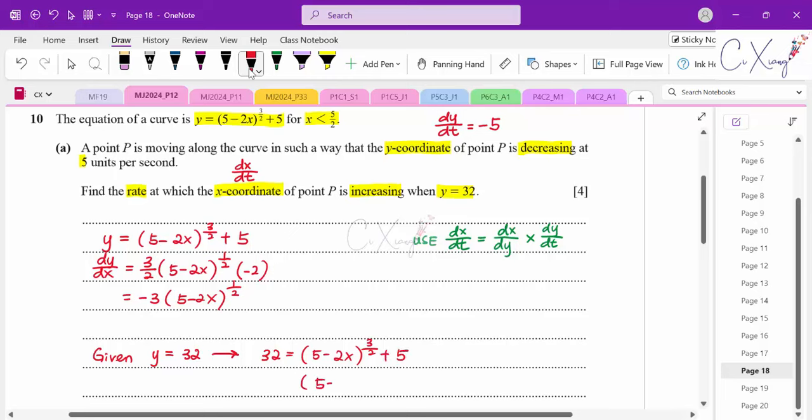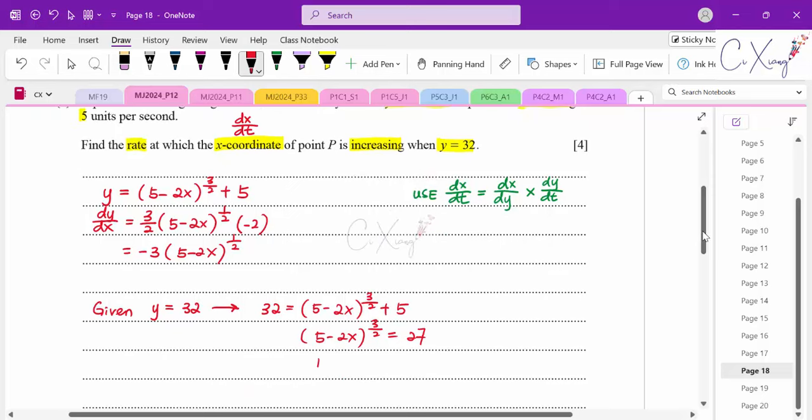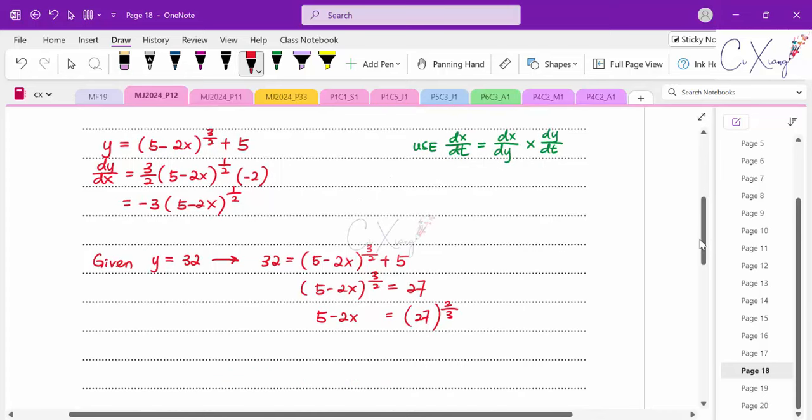So (5 - 2x)^(3/2) equals 27. Then I have to get rid of the power 3 over 2, so I bring it over and it becomes power 2 over 3. You take the cube root of 27, you get 3, and 3 squared gives 9. So 5 - 2x equals 9, 2x equals 5 minus 9, which is -4, and the value of x is -2.